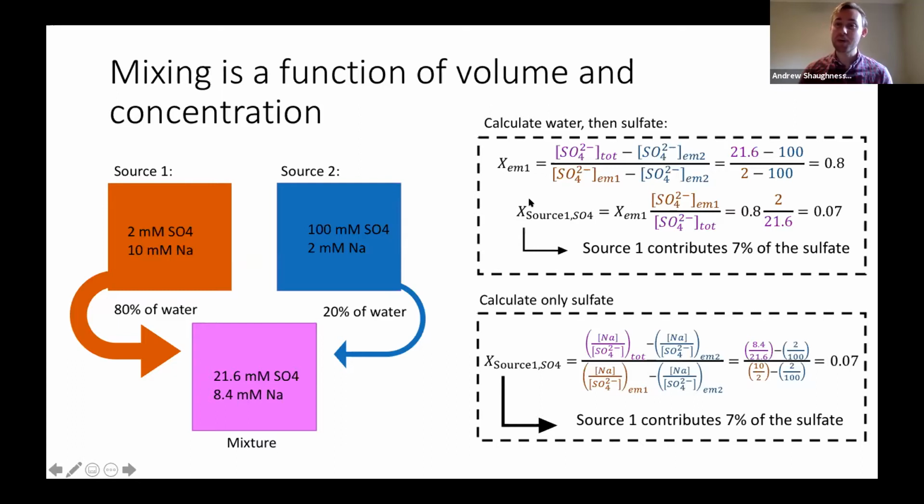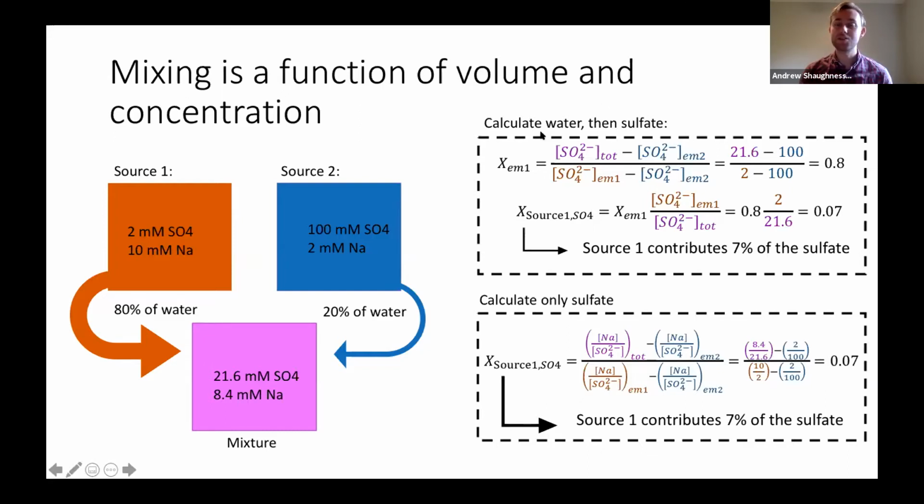If I know 80% of the water came from that source and I want to know how much sulfate came from that source, it's a pretty easy calculation: we take the sulfate concentration from that end member divided by the total sulfate in the mixture times the amount of water that came from that source to get that only 7% of the sulfate came from that first source.